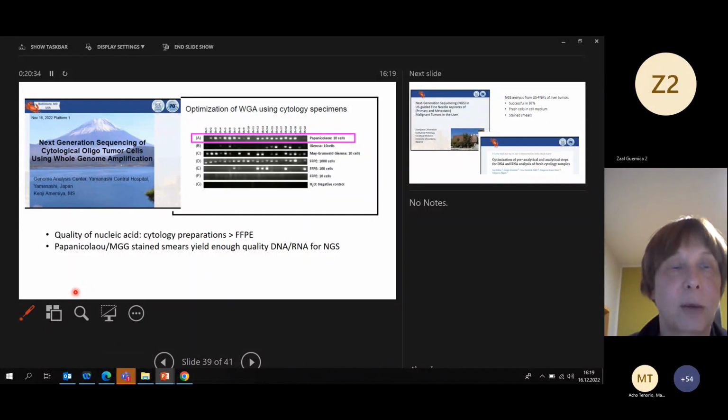Here are reports from the recent International Cytology Congress in Baltimore, confirming that the quality of nucleic acid is better in cytology preparations than in tissue samples, and that Papanicolaou and MGG stained smears yield enough quality DNA and RNA for NGS.